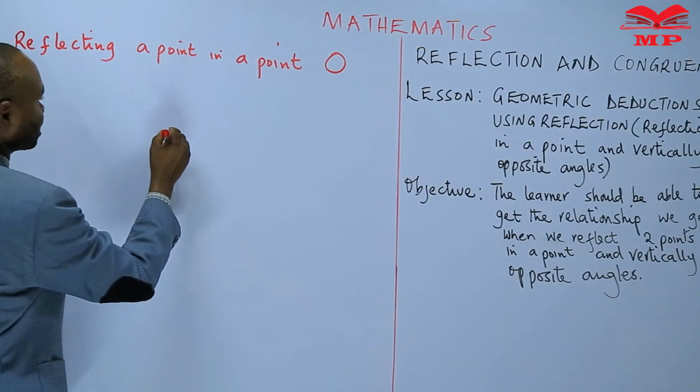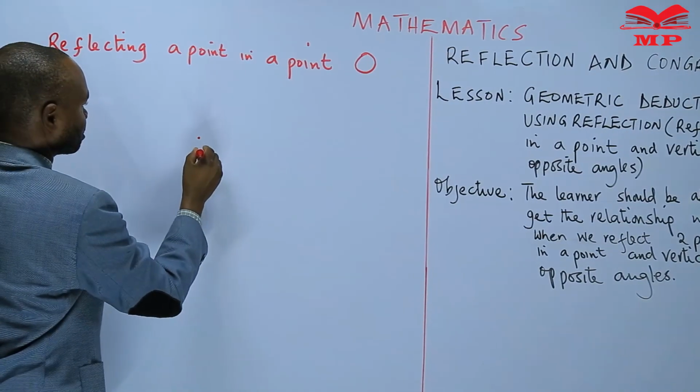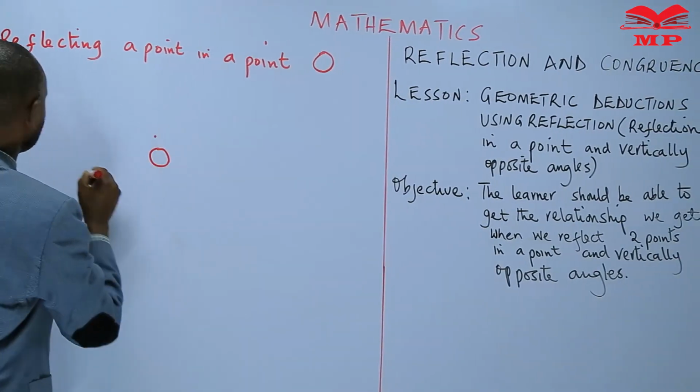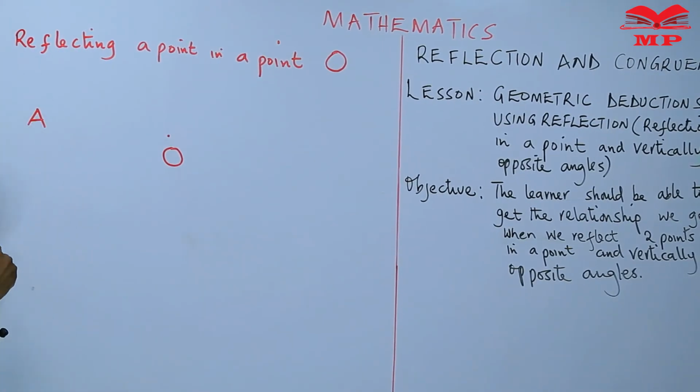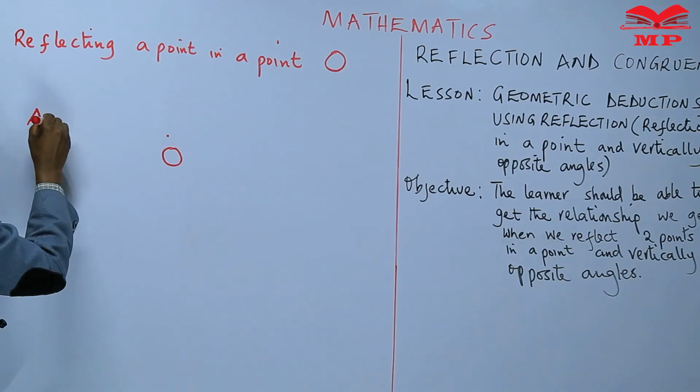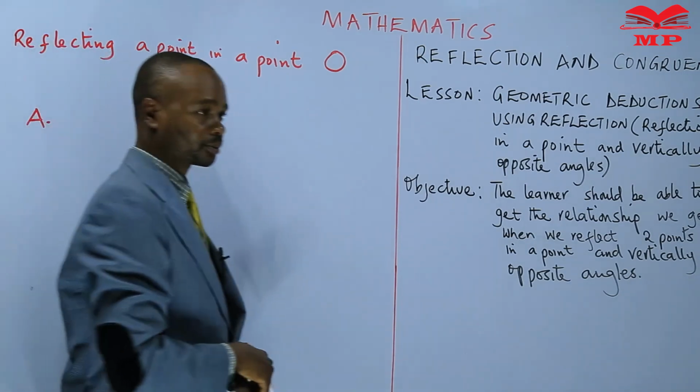Let's say we have point O, and I have A. I want to reflect A through point O.